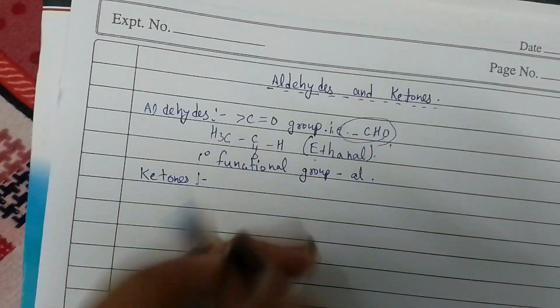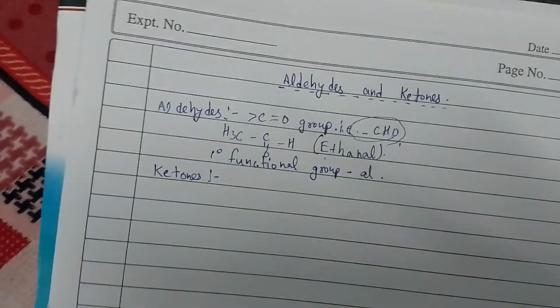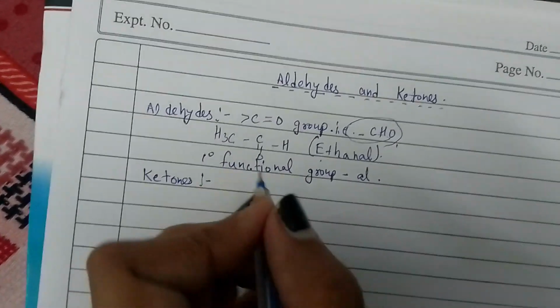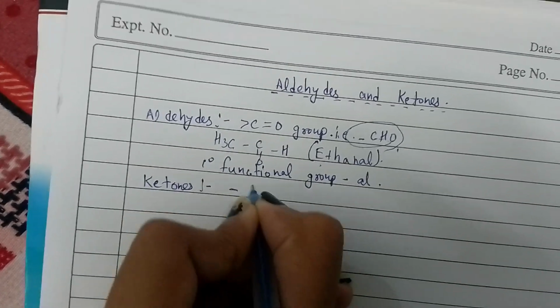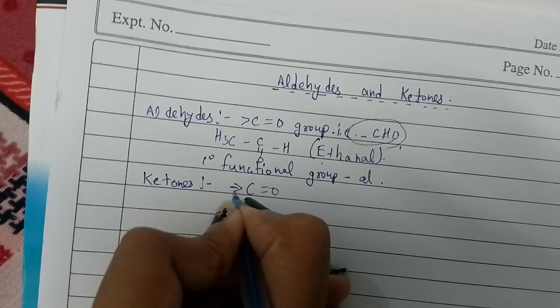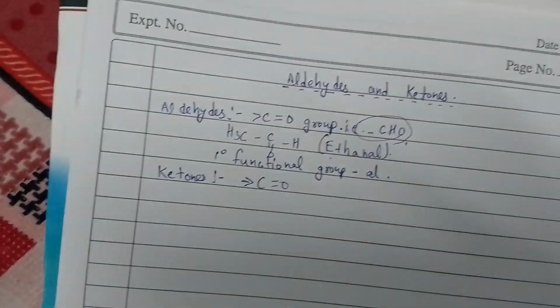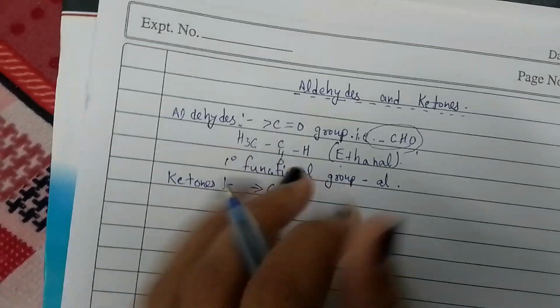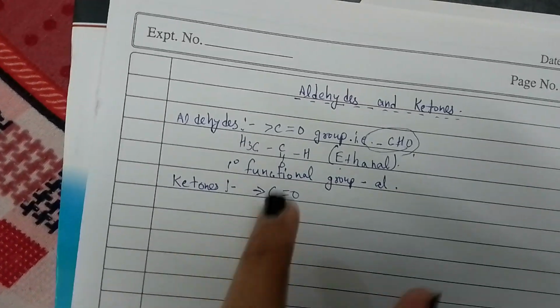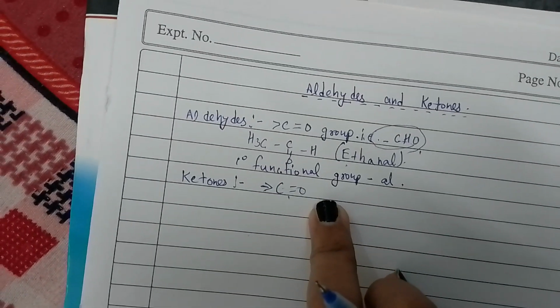In ketones, the species in which no hydrogen atom is present on the C double bond O group, that is, an alkyl or aryl group is attached to the C double bond O group in their structure.